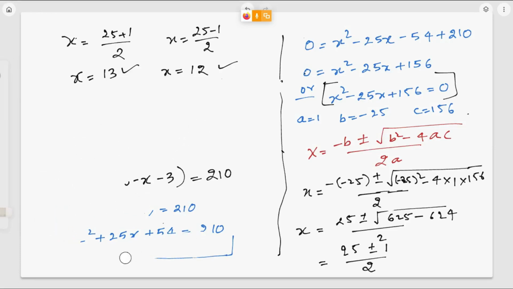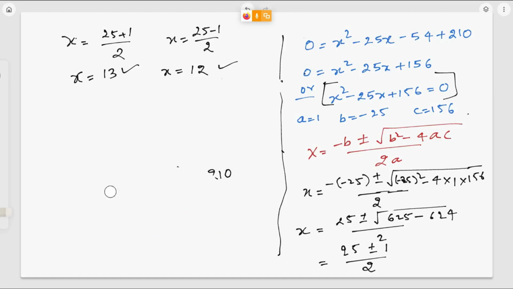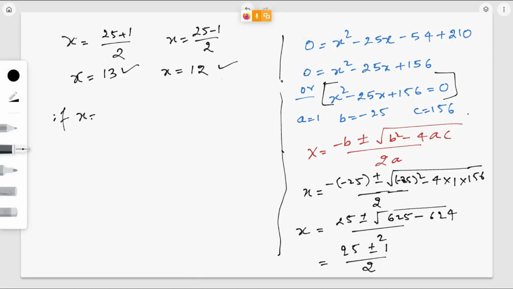So now we need to find the marks scored in maths and English. If x is equal to 13, what was our x? Marks scored in maths.